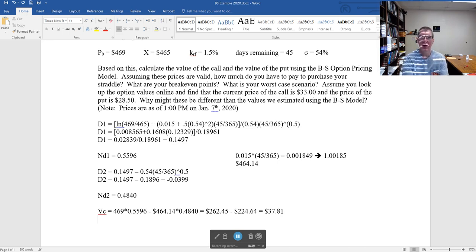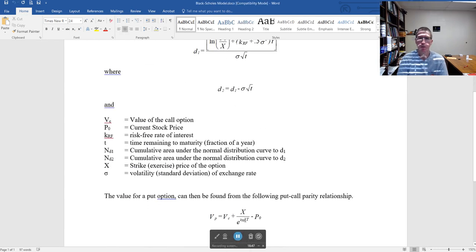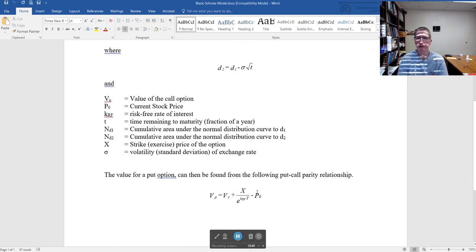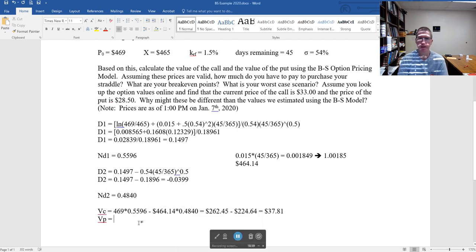Now I can solve for the value of the put. The value of the put, remember, starts with the value of the call plus the present value of the exercise price minus the stock price. Fortunately, we've done all these calculations, so we know the value of the call is $37.81.